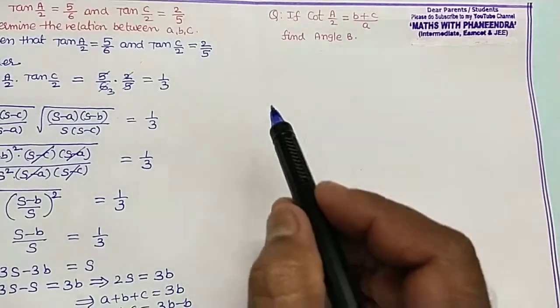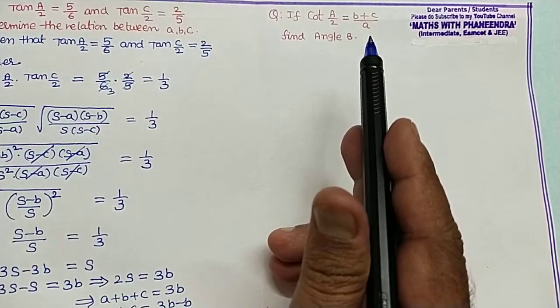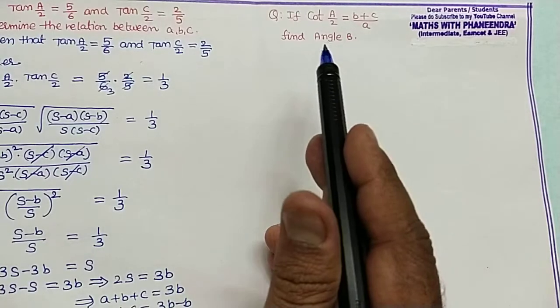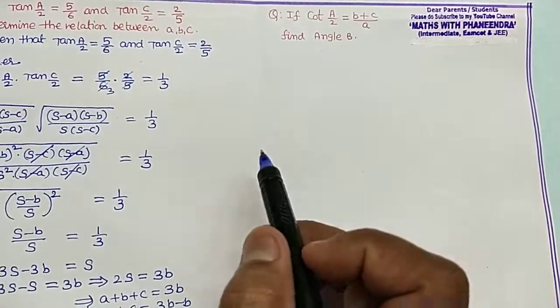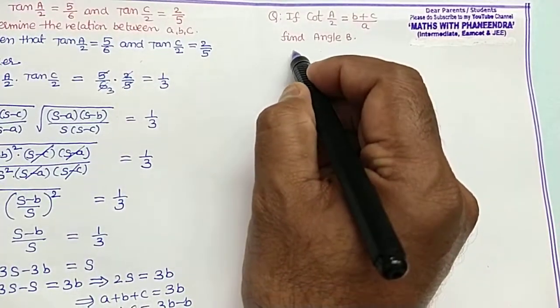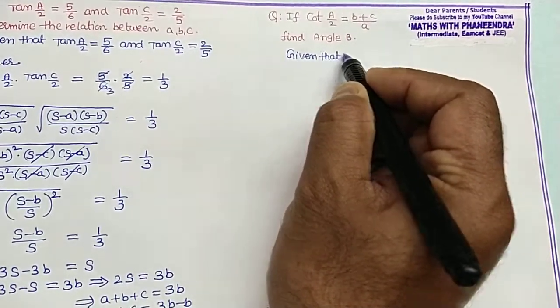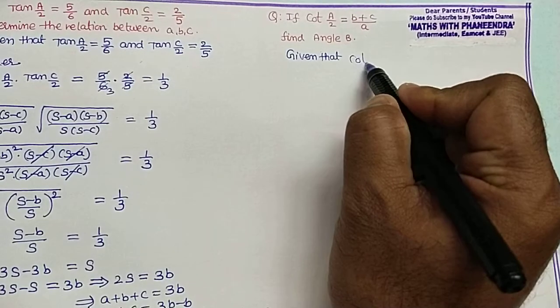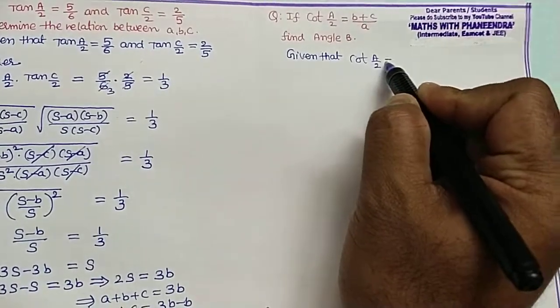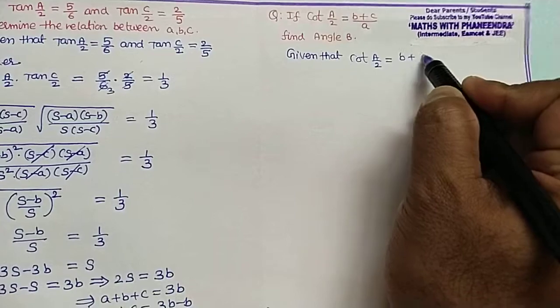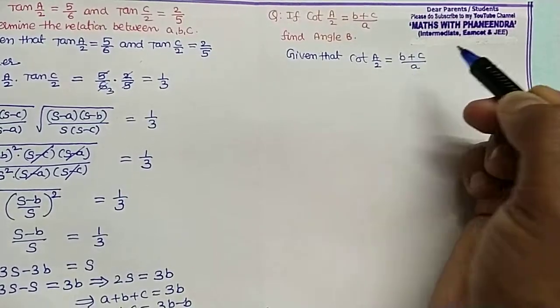The next question. If cot A by 2 equal to (b plus c) by a, then find angle B. First you write the given information. Given that cot A by 2 equal to (b plus c) divided by a.